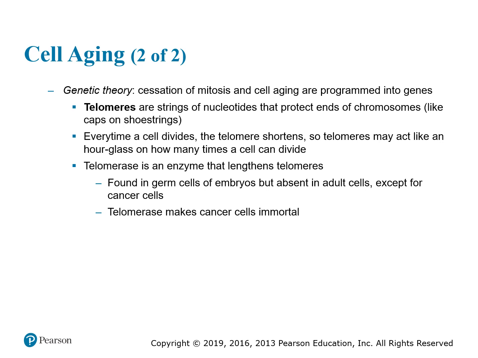It's found in germ cells of embryos but absent in adult cells, except for cancer cells notably. So this is why we do not simply upregulate our telomerase, because we associate this upregulated telomerase with uncontrolled cell growth. Telomerase is actually what makes immortal cell lines, like those cell lines of HeLa cells, Henrietta Lacks.